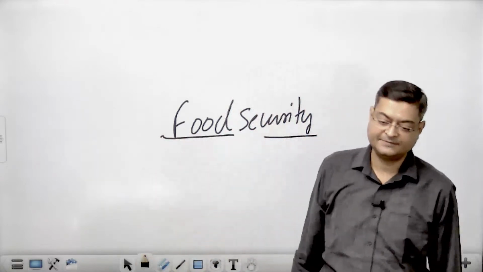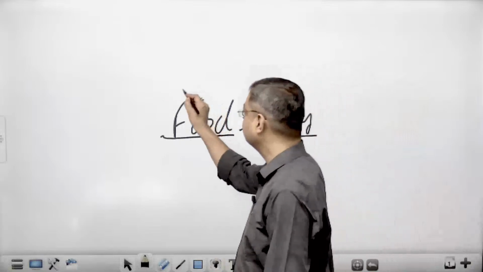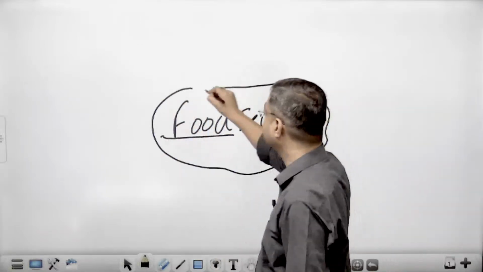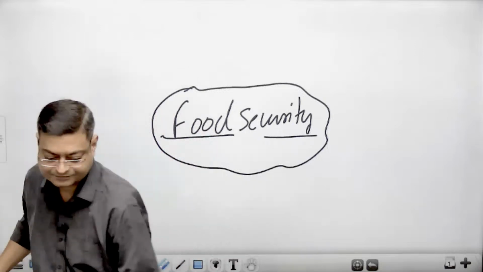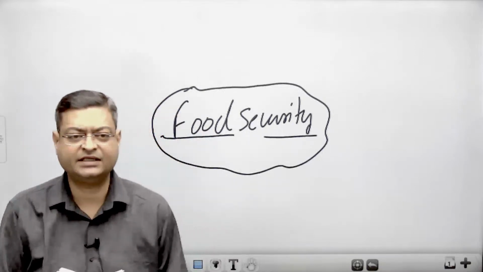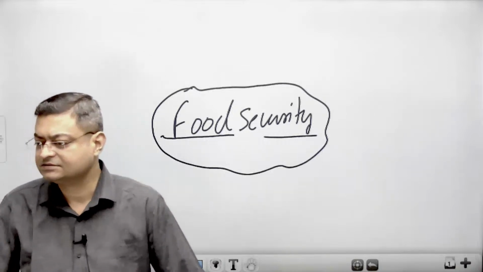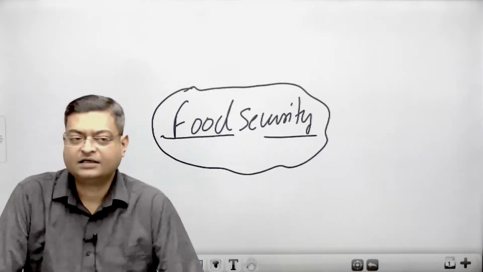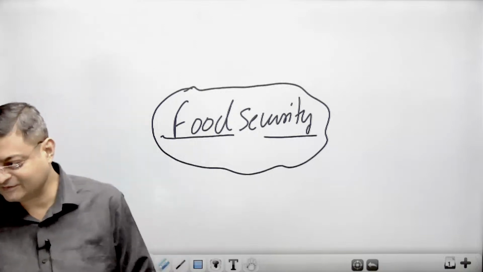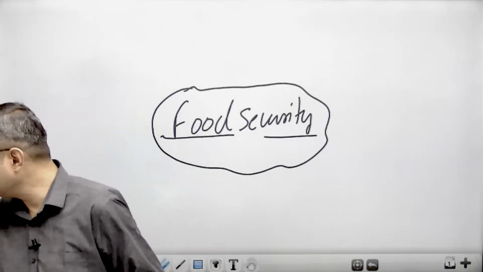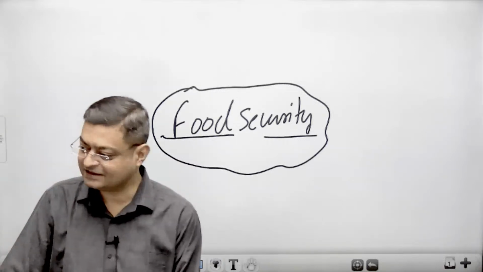Give the heading. So what is food security? Any idea? And for poor or rich mat karna isme. It includes each and every aspect. Everybody should have that.